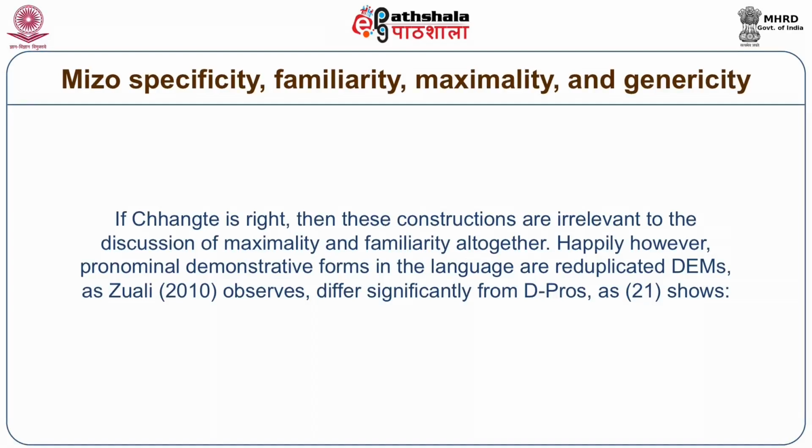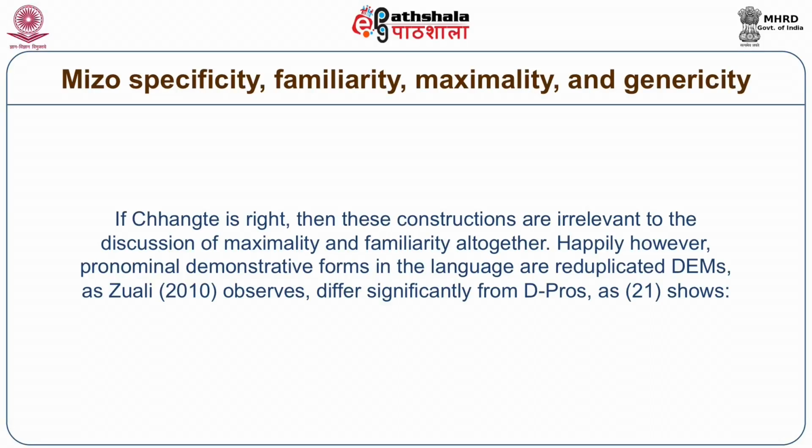This suggests an analysis of deep rows as simple depronominal demonstratives that agree in deictic degree with the demonstrative. If Changte were right, then these constructions would be irrelevant to the maximality and familiarity distinctions altogether.